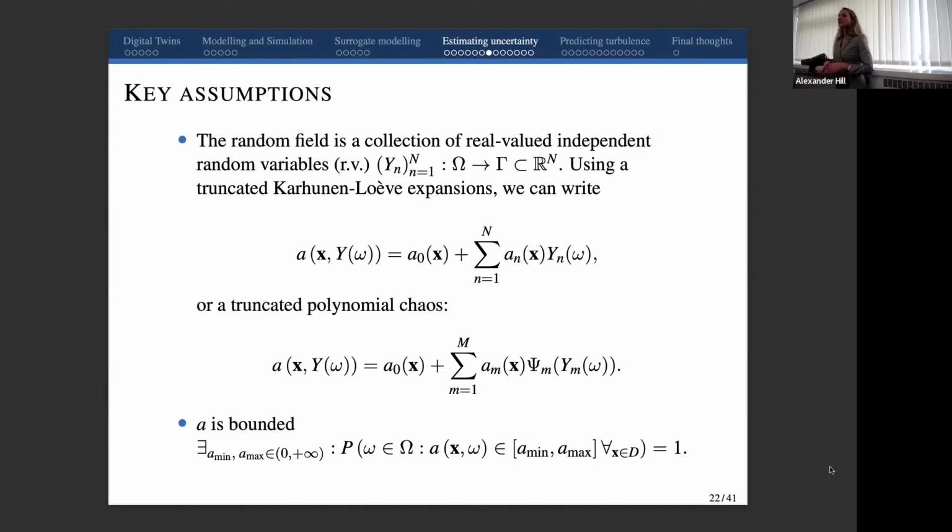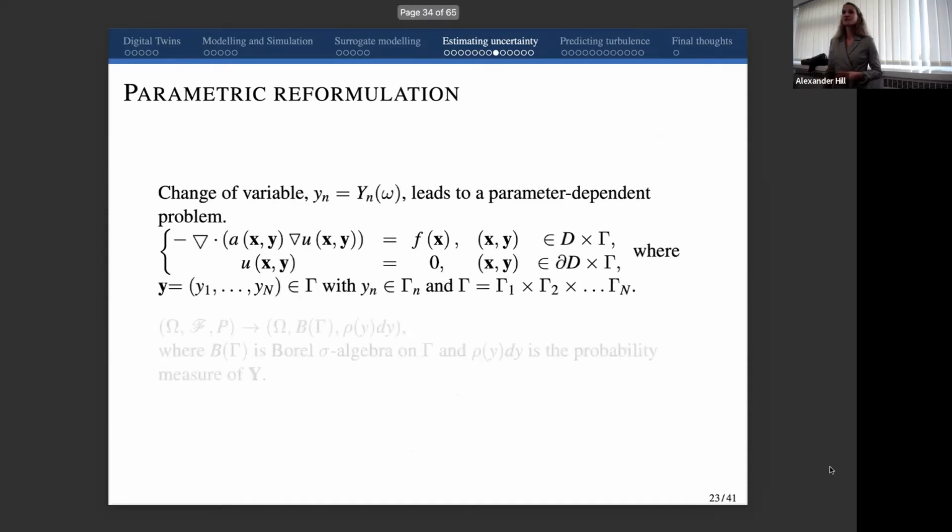They will be weighted, and we'll add this to the mean, and we'll have some realization of our random field. There are other ways to do that as well. But one key assumption here is, in this case, we want, for example, A to be bounded. We want it to be positive. If it's material, we don't want these conductivities to be negative.